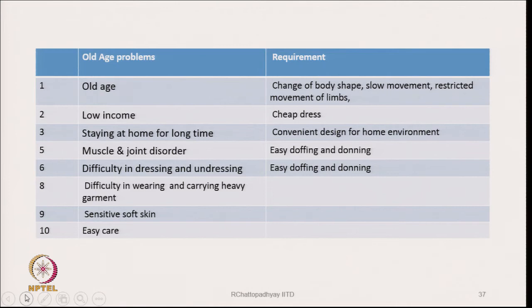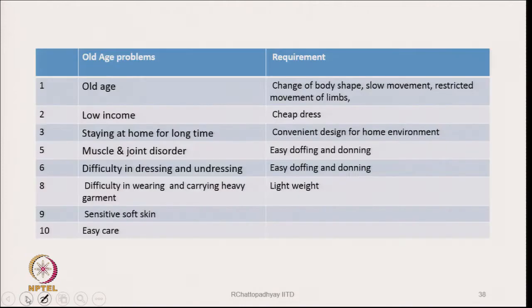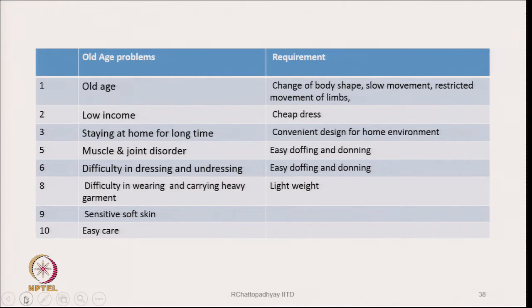The next one is difficulty in wearing and carrying heavy garments. So, in that case the garment has to be light in nature. We have to take care of the weight of the garments, how to reduce weight; that should be one of the requirements and a part of the design exercise.